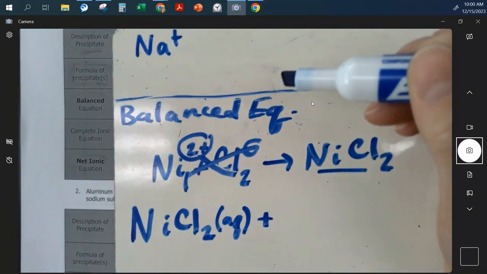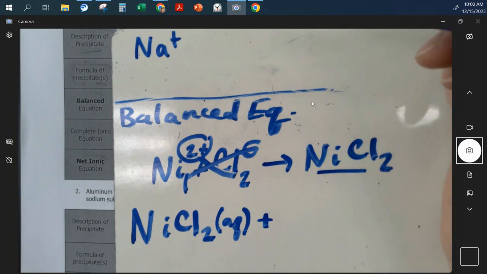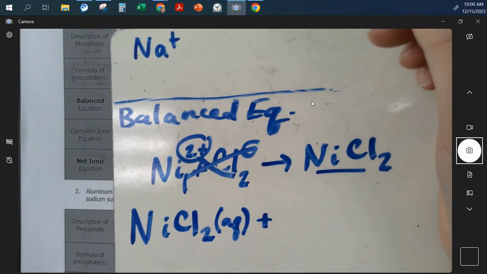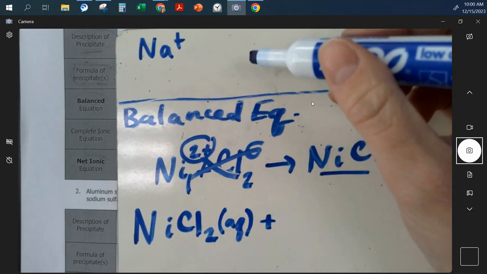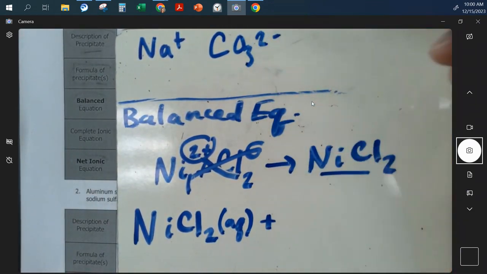Do you guys know the formula for carbonate? That was one of the polyatomic ions you had to memorize from chapter 3. Polyatomic ions, carbonate. It's also in the lab. Okay. Carbonate is CO3 2-. Does that sound familiar? Kind of?